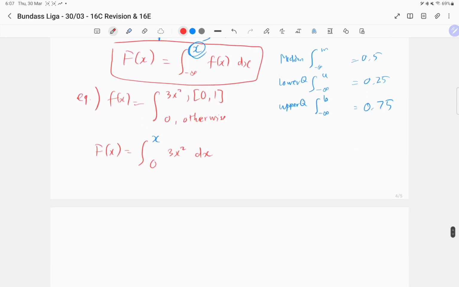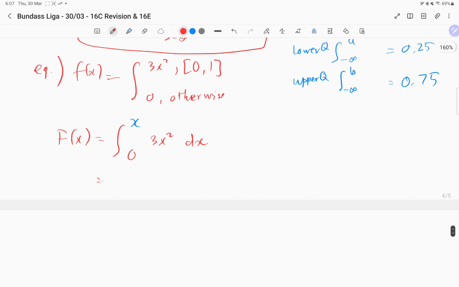This is literally just the formula for the CDF, and we'll look at an interpretation after we've found it. When you antiderive that, it would just be x cubed, from 0 to x. Actually, for this one you might need to use a helping function. We need to use f(t) dt to avoid confusion.